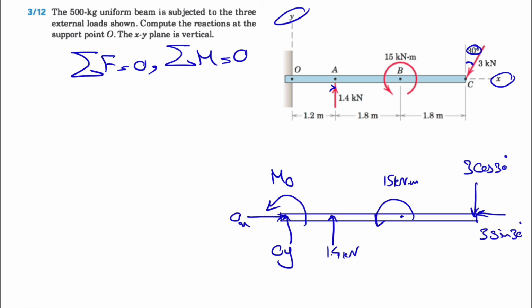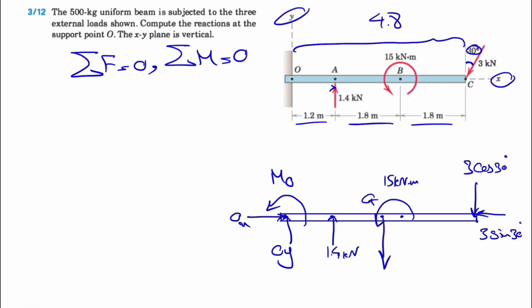There is one more force left, and that would be the weight of this beam, which is 500 kilogram, applied at the center of gravity of the beam. Since we have a uniform beam, it will be exactly at the center. The whole length of the beam is 1.2 plus 1.8 plus 1.8, so basically 4.8, and that divided by 2 is where the weight is applying.